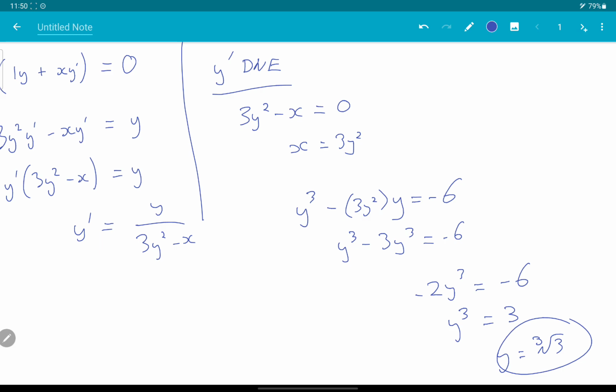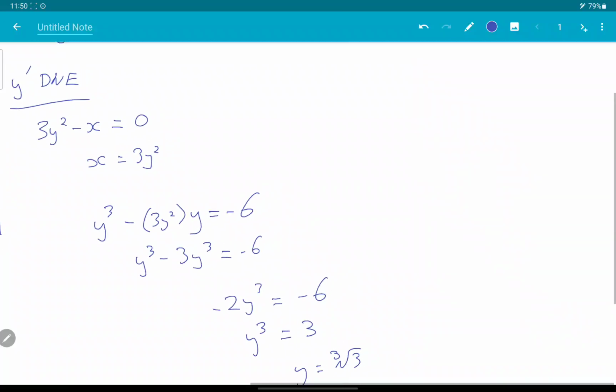Okay, we got the y value. The corresponding x value is given by this guy up here. So we get x is going to be 3 times third root of y all squared.